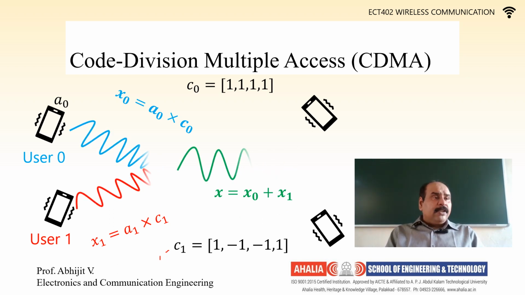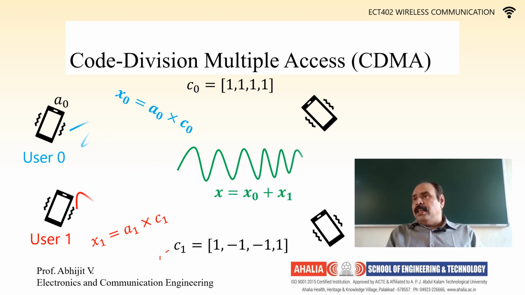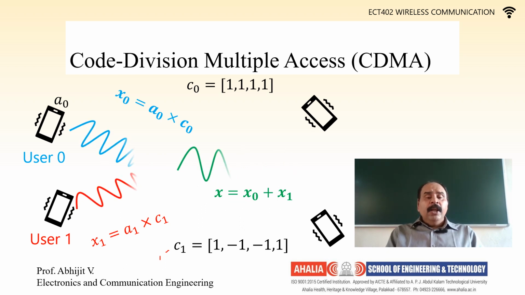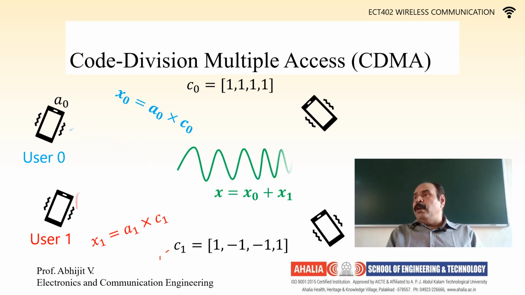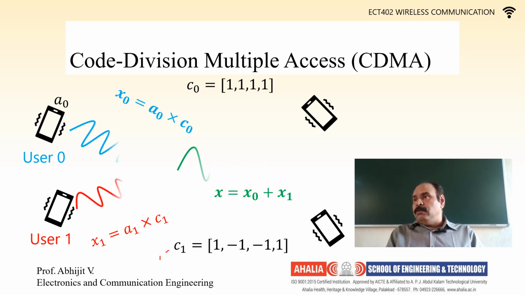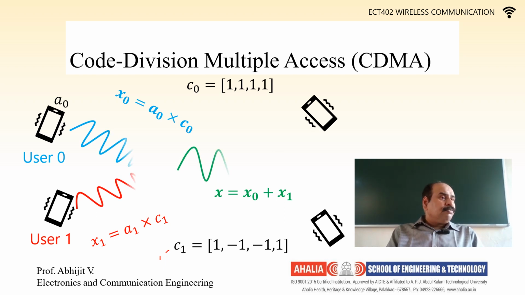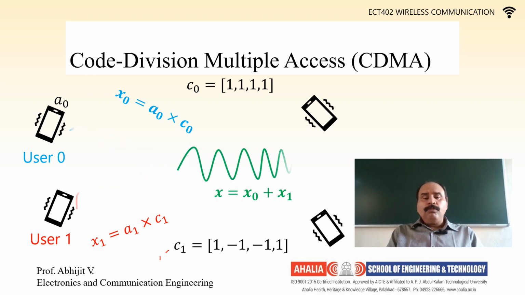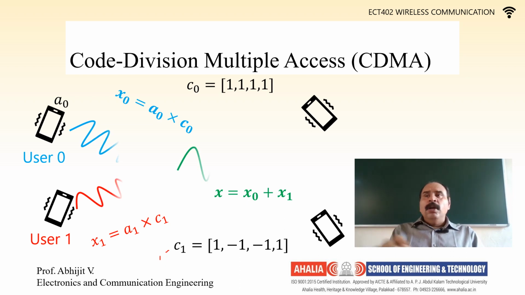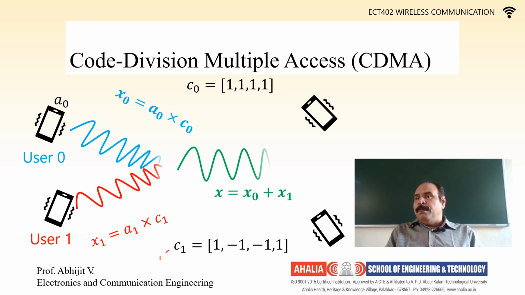The value of x, the green signal that you are finally transmitting, is x equal to x naught plus x1. Value of x naught is A naught into C naught. Value of x1 is A1 into C1. Is that clear to all of you? If you have any doubt so far, you can just keep asking me.